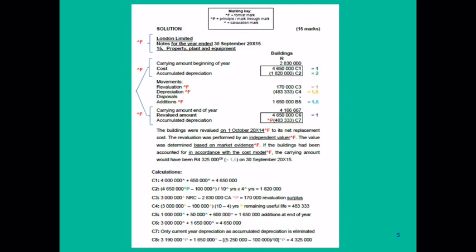If we now look at the calculations and how the marks were awarded for that, it's very important that students note the following. If we refer to calculation 1 for the opening cost, the solution received back from the lecturer indicates that that amount is worth 1 mark.